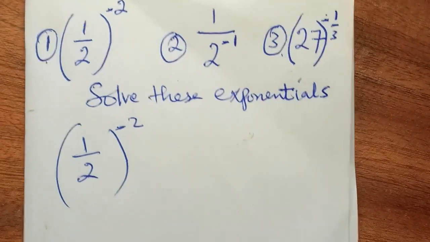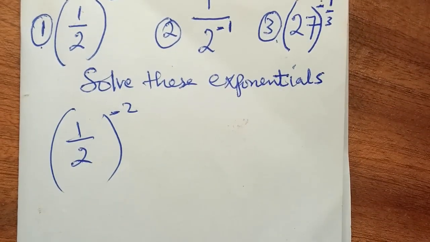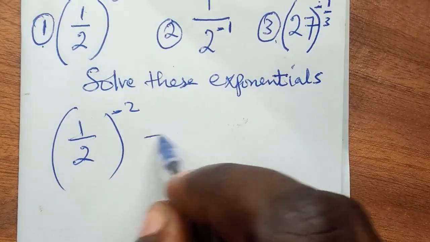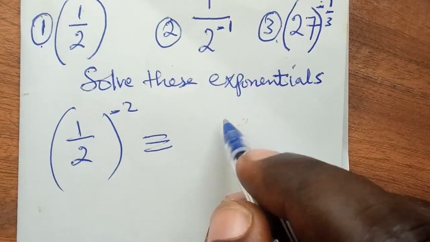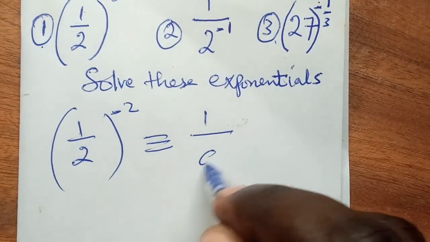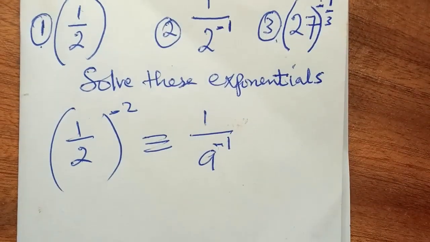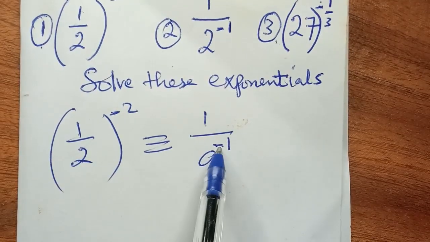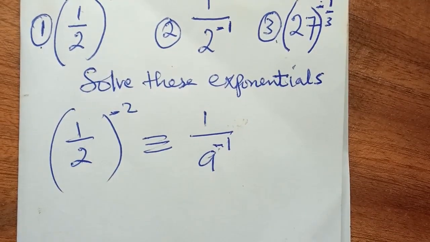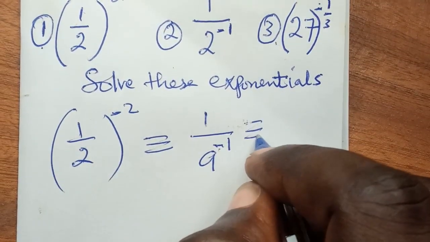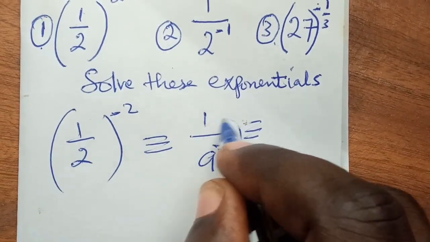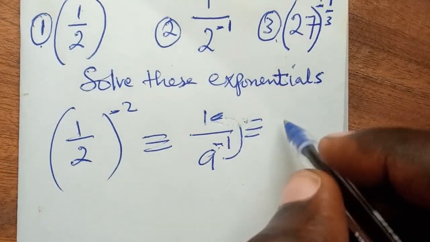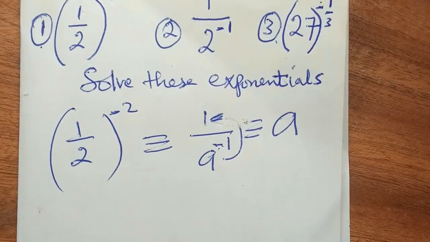Now, if you know about the law of exponents, there is this formula that states that if we have 1 over a to the minus 1, then if minus 1 is at the bottom, to make it balanced, it is the same as carrying it up and allowing it to be positive. That is the same as a to the 1.